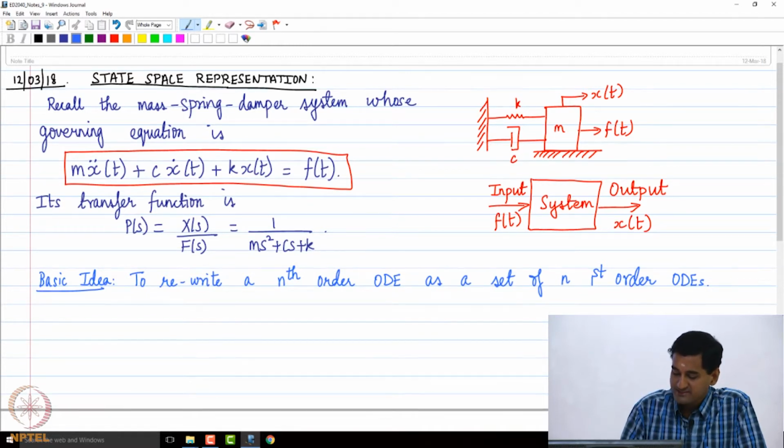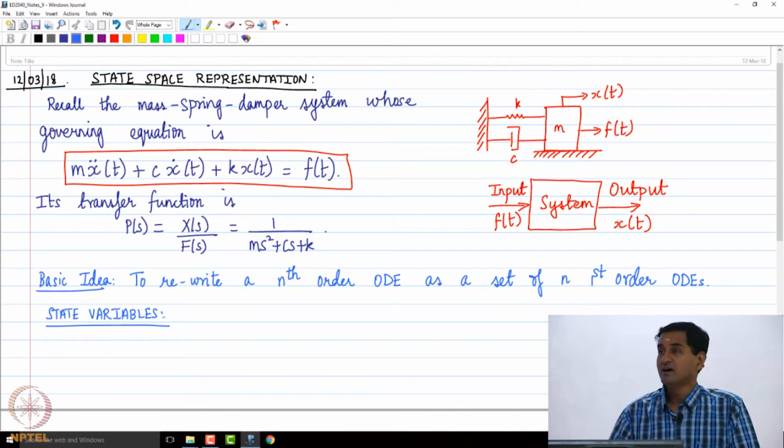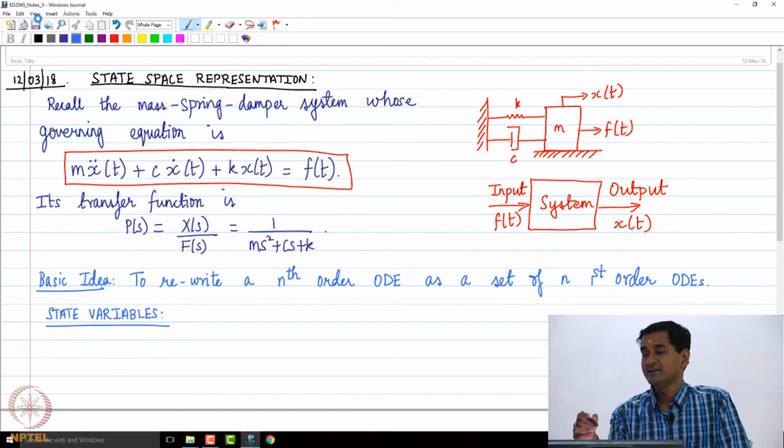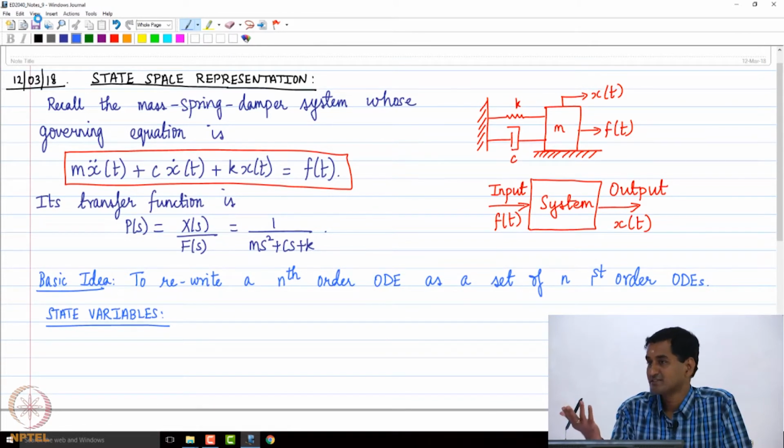To essentially do that, we first need to define what are called state variables. So what are state variables? Let me give an example. In this mass spring damper system, I can consider the displacement of the mass and the speed of the mass as state variables.